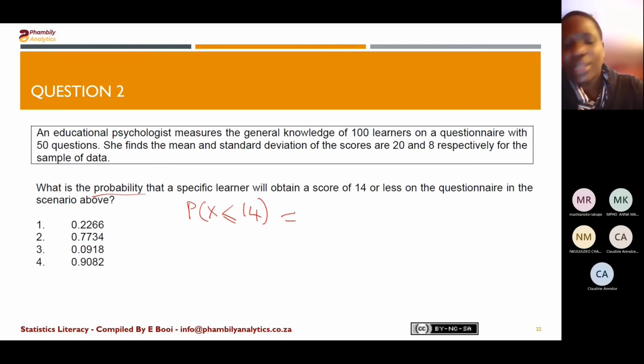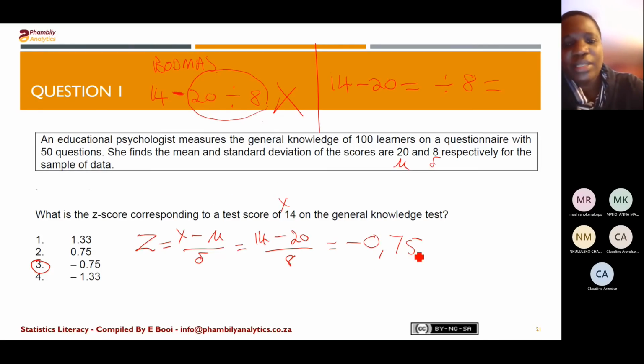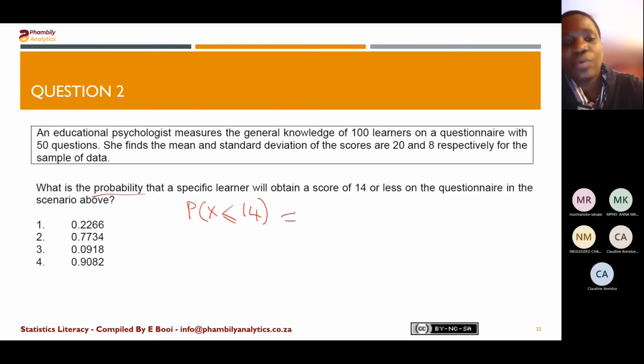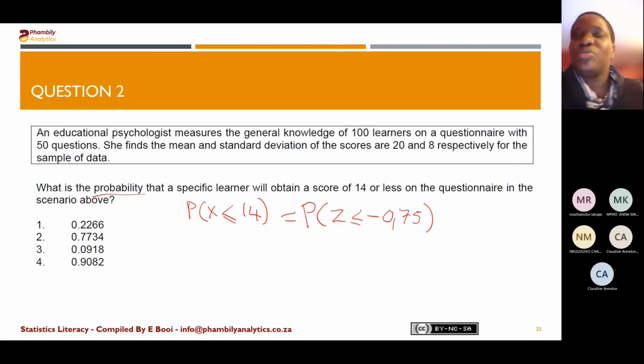We already calculated the Z-score. We know what the Z-score is, negative 0.75. You can even go and calculate it again if you want. So the probability that Z is less than or equal to negative 0.75. Now, here is when you need to use that graphic method that we have.